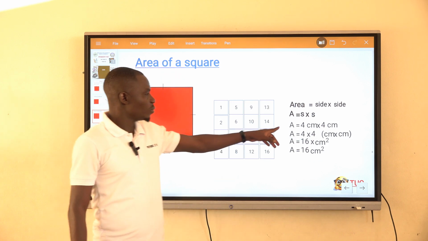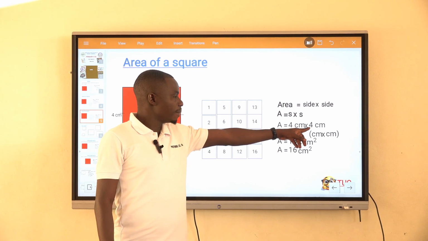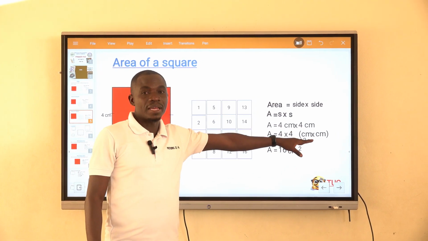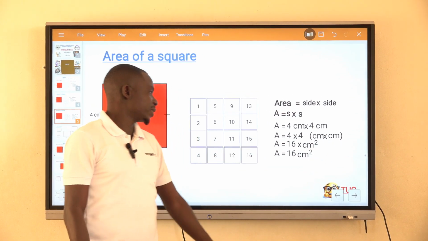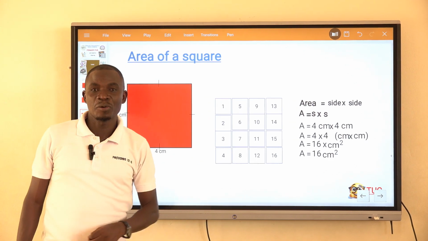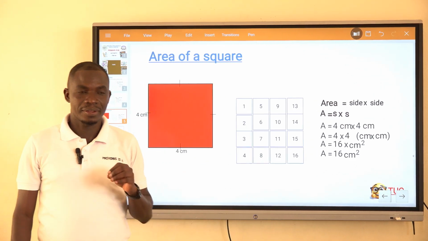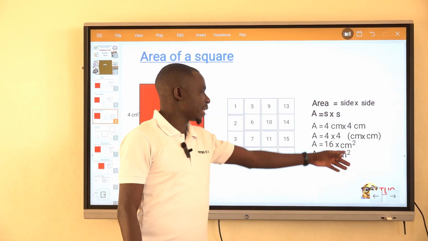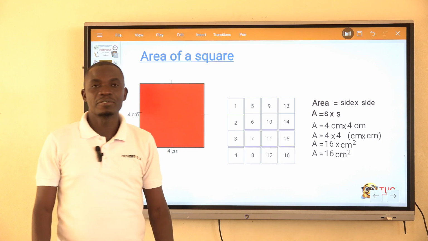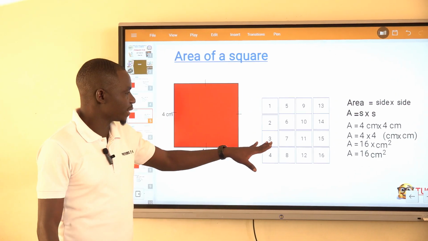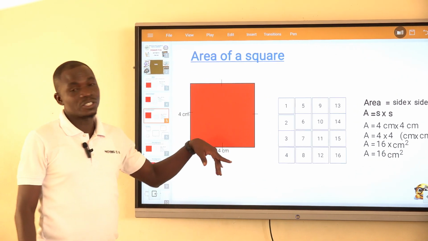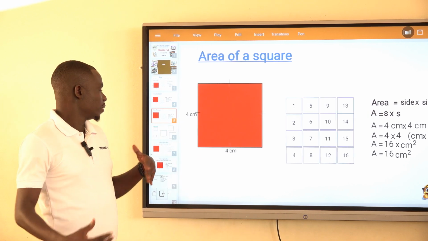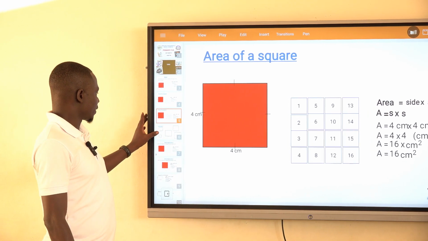We multiply 4 by 4, then we multiply a centimeter times a centimeter. When we multiply 4 times 4, what do we get? Yes, we get 16. Centimeter times centimeter gives us centimeter squared. Therefore, our area becomes 16 centimeters squared. I hope you are following the steps.